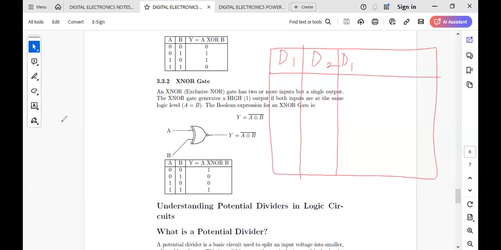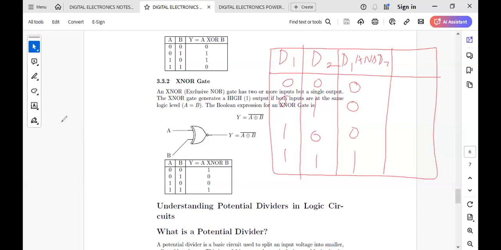This is D1 and D2. I hope you wrote the question somewhere. We shall refer to it. 0, 0, 1, 1. This is 0, 1, 0, 1. So if it is AND, it is going to be 0, 0, 0, 1. Not so?